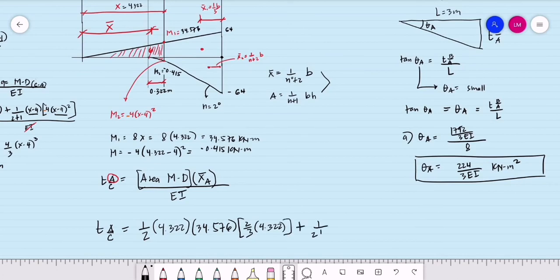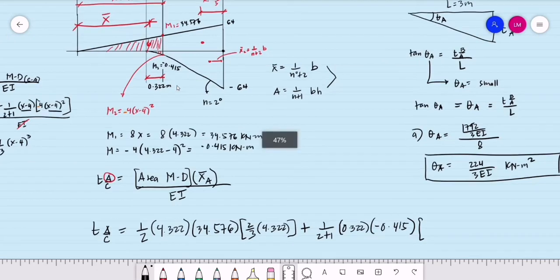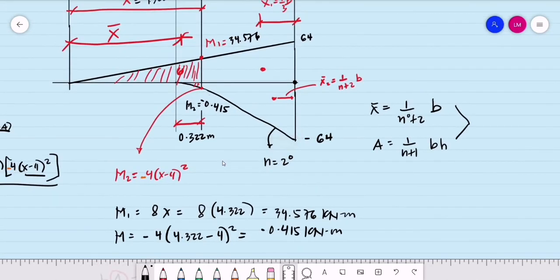The degree is 2, plus 1. What is the base of the spandrel? The base of the spandrel is 0.322. The height is negative 0.415 kilonewton meter. By the way, what will be the distance of this centroid towards point A?